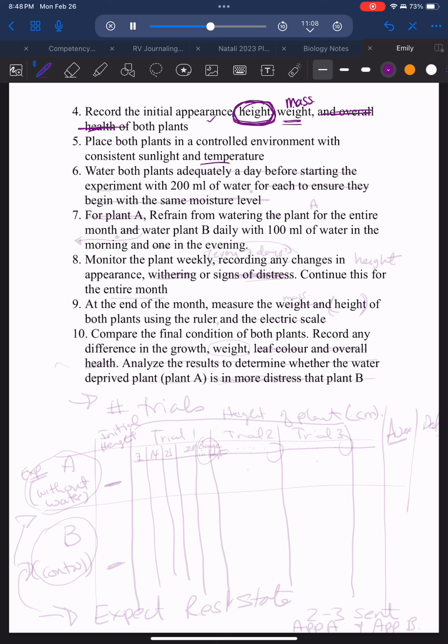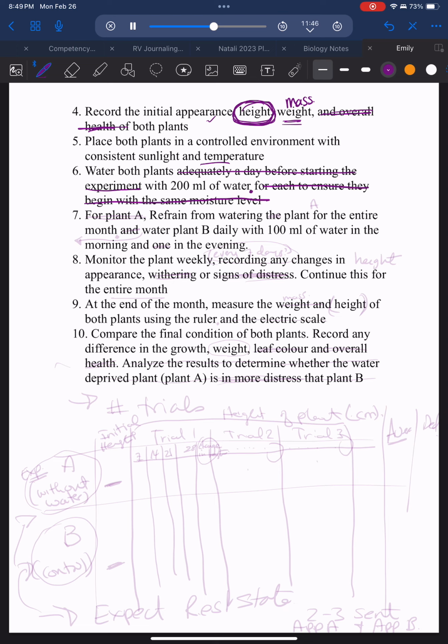Number 6, water both plants adequately a day before starting the experiment. You don't start the experiment already. You can say water both plants with 200 ml of water. Full stop.